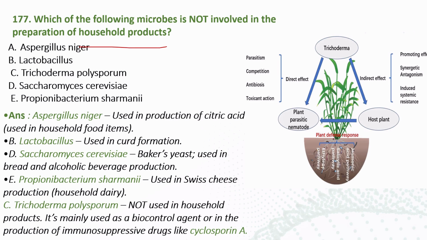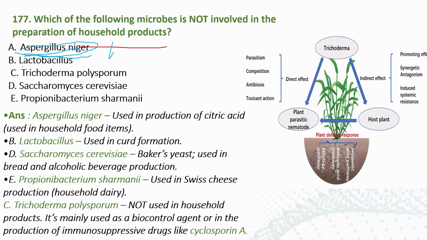Normally chefs and bakeries use Aspergillus niger powder for citric acid production.